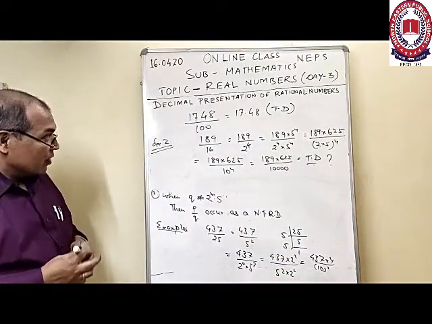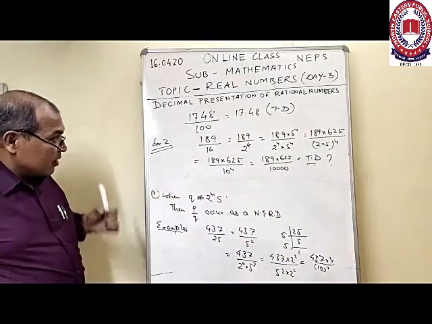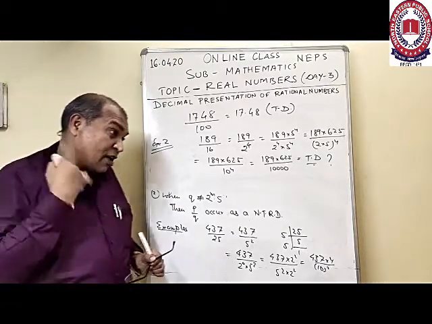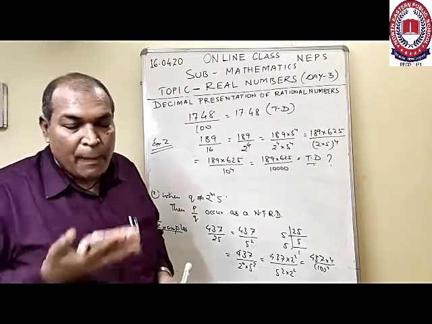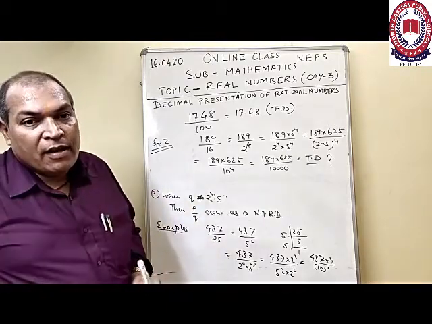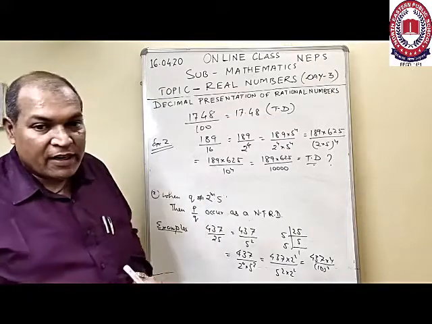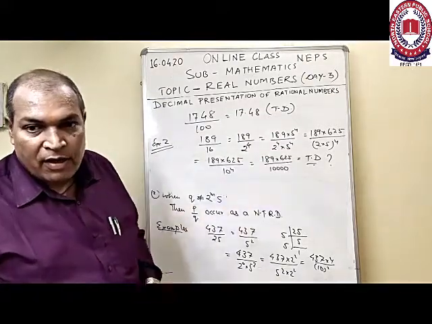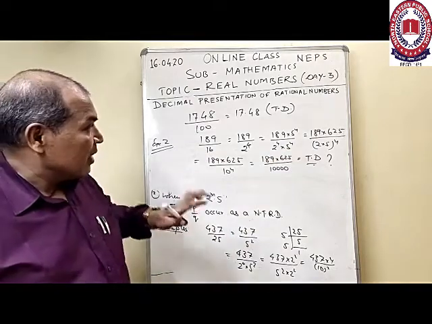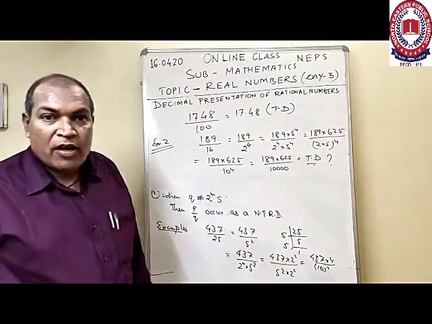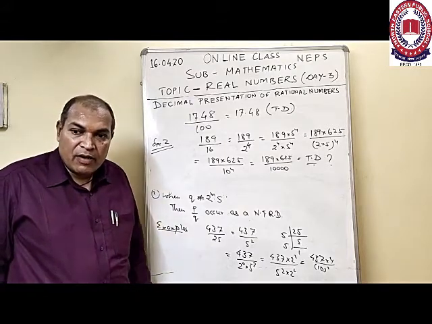Likewise, whenever we see fractions in which the denominator occurs in the form of 2 to the power m into 5 to the power n, we can say that rational number will provide a terminating decimal. Otherwise, other rational numbers will come in the form of non-terminating and repeating decimals.